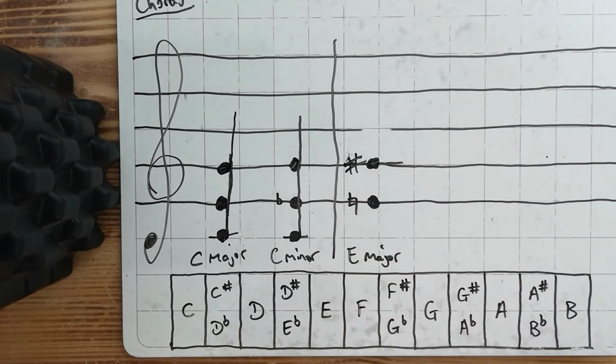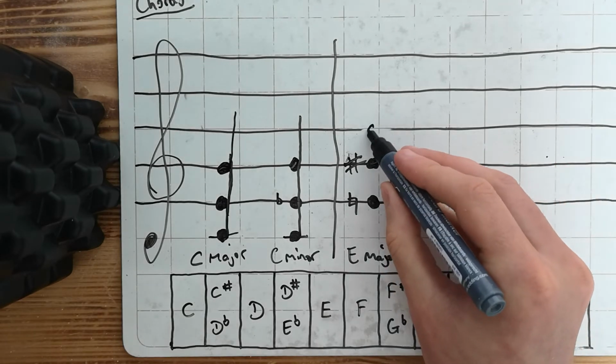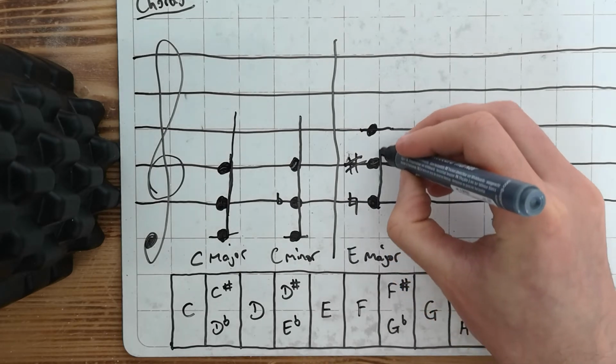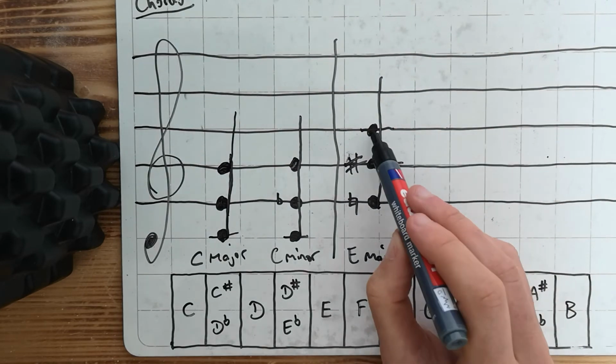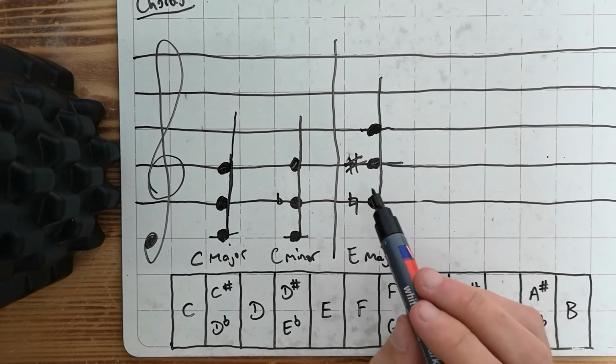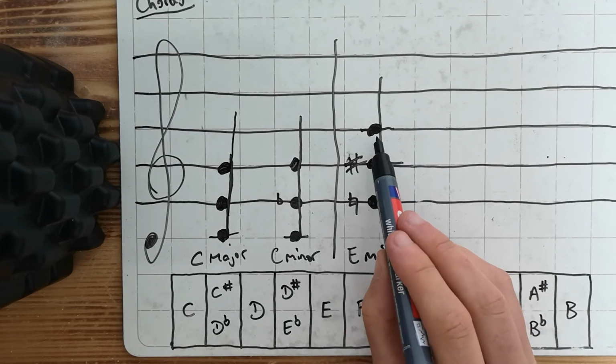So there's a little sharp symbol. E, G sharp, and then 3 tones and a semitone up from E is a tone, second tone, third tone, B. And that is my E major chord. Same process: you've got your root note, work out your third, whether it's major or minor, work out your perfect fifth.